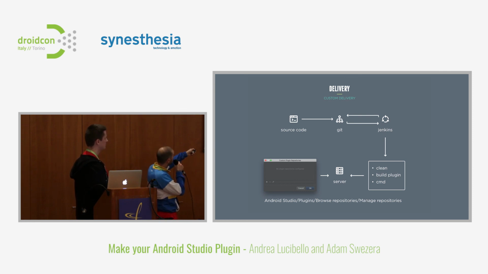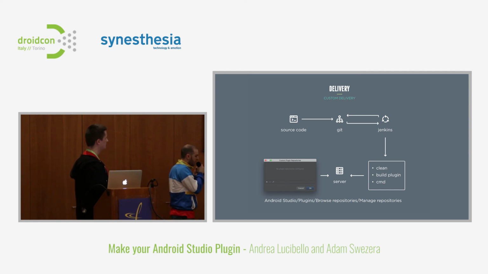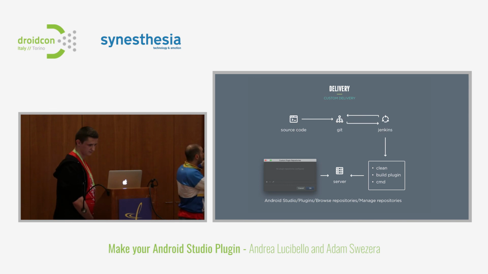And this is a screen that we have inside Android Studio on our machine, where you can add this URL. You can reach this screen inside your Android Studio. What I mean is that you can configure your Android Studio to link a server that automatically receives the zip file when Jenkins is run.